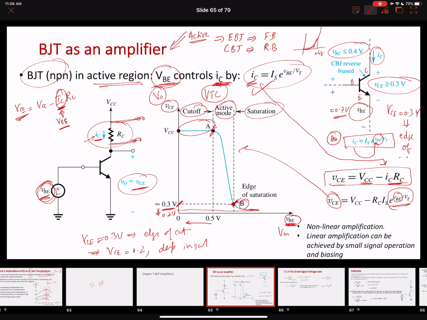We are going to discuss it in more detail, and some of the discussion is very similar to the MOS amplifiers. Essentially, we can obtain it by making sure that our input signal values are small enough that once amplified we are still in the active mode, and our nonlinearities will be very small. We are going to find a condition for the small signal operation in the next lecture.